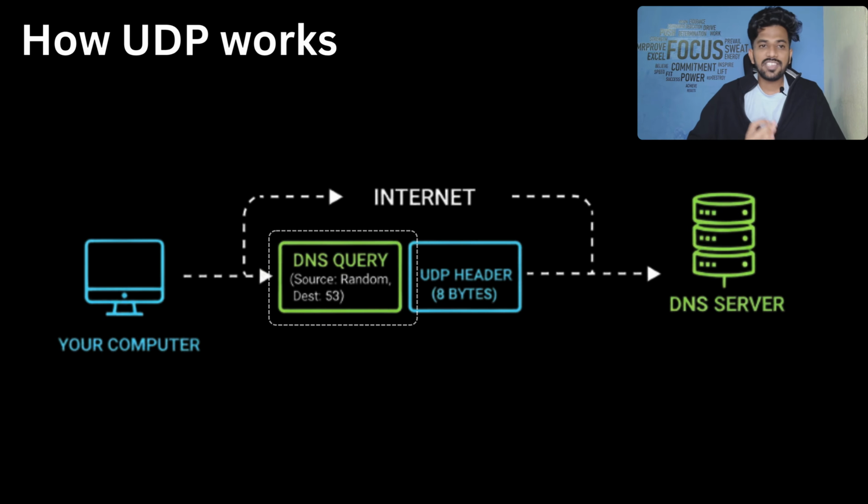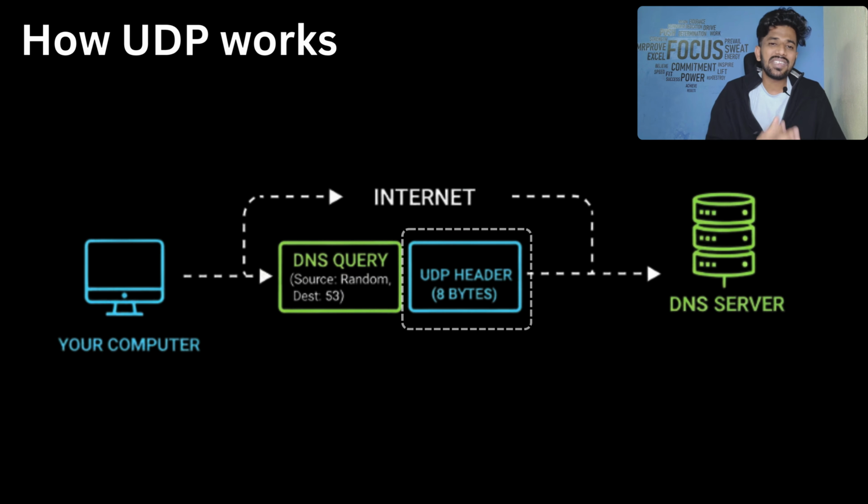DNS uses UDP because millions of queries happen every day. If DNS used TCP, we would see latency issues and delays. If you want to open any website, it would take too much time to open the page if you relied on TCP. That's why DNS typically uses UDP for fast response.